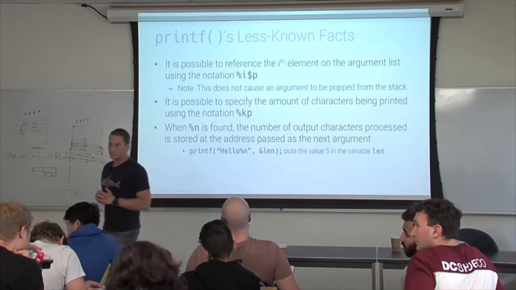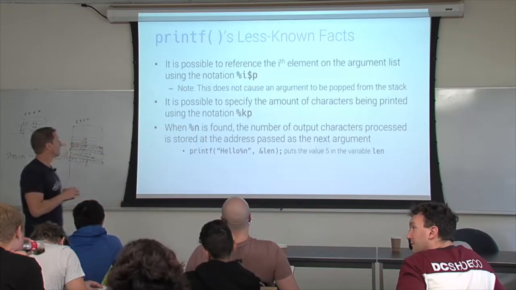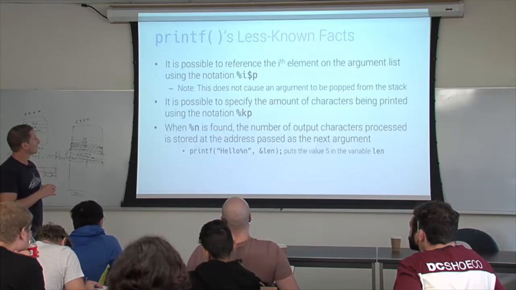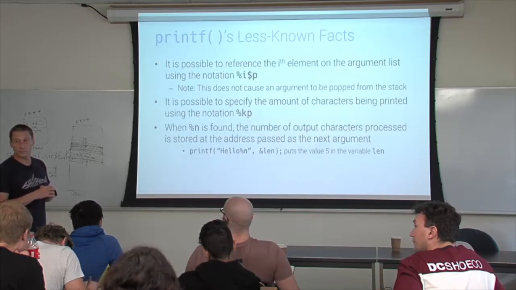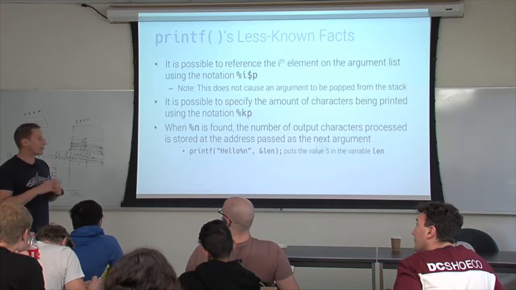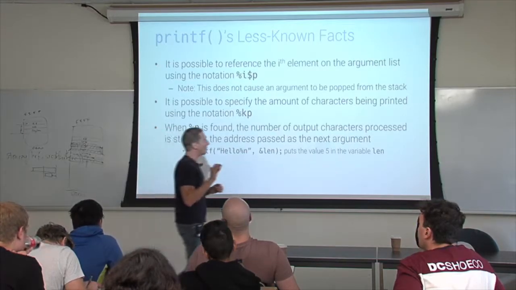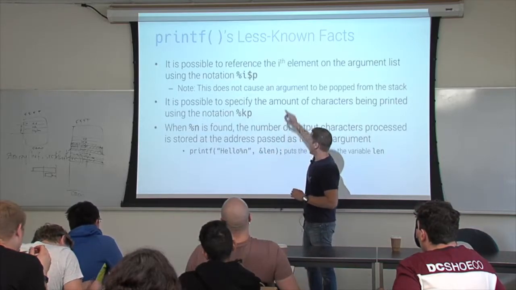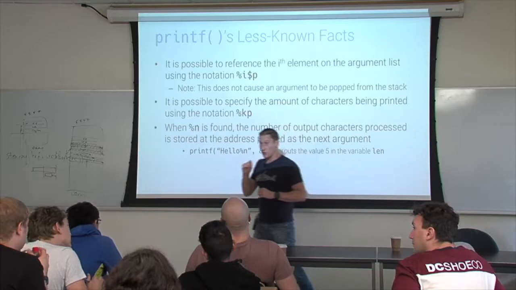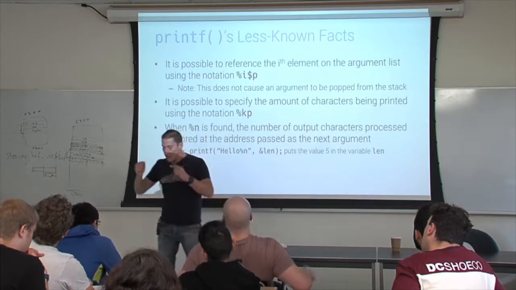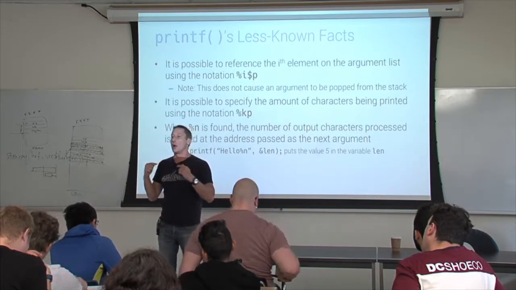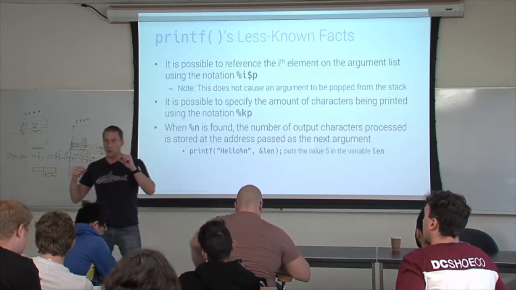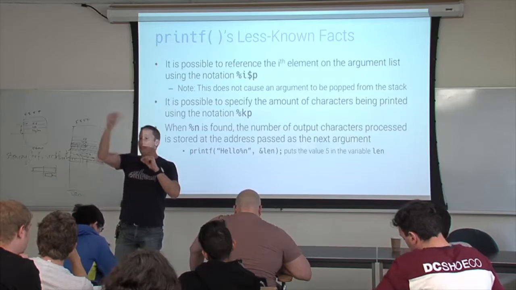Yes? I just wanted a quick clarification. Like the note says this does not cause an argument to be popped from the stack. That's not true. None of the format parameters are. Yeah, you're absolutely right. It's not a pop on the stack. This is confusing. So in the interpretation of the format string, when you have a %d, you say, oh, I am on the first element on the stack.